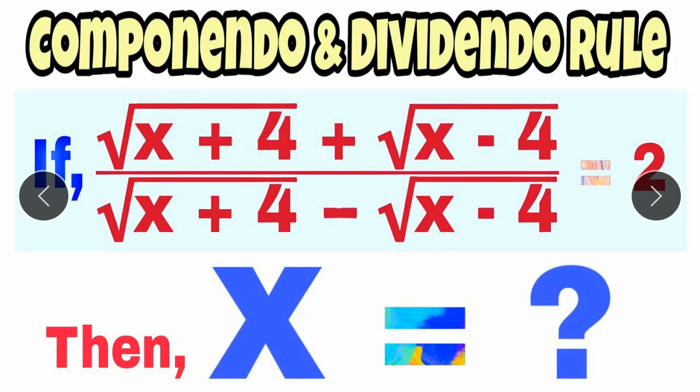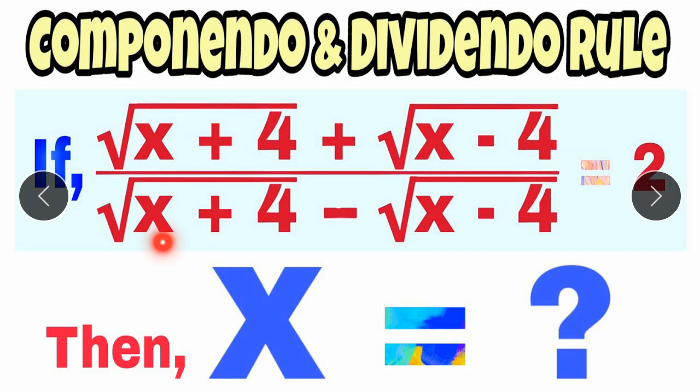But these theorems will not be applicable on all types of fractional equations. They apply on special types, for instance if you have the numerator and denominator with the same terms or expressions, but only the difference is the plus and minus sign.